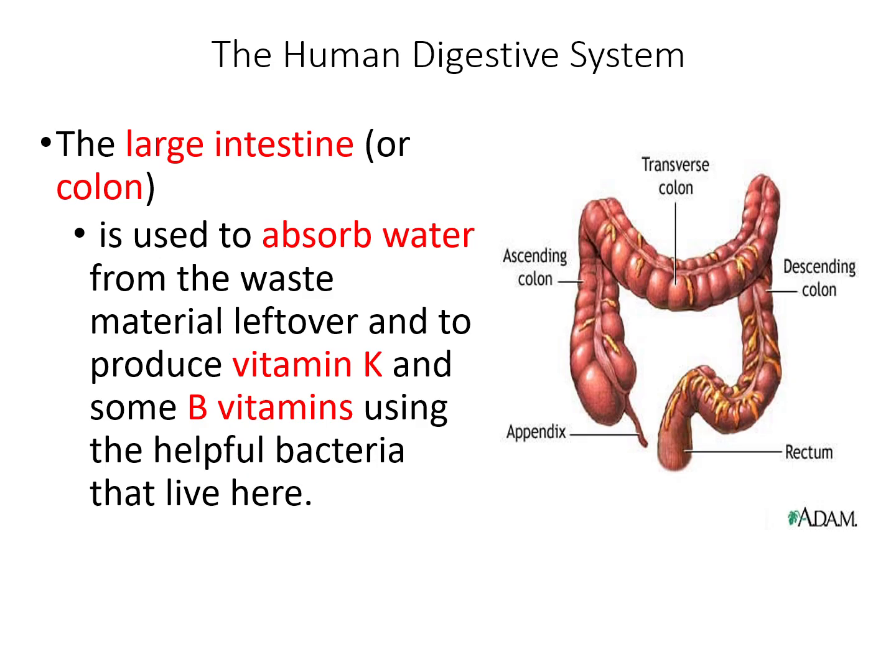Now, why is water being absorbed? Its purpose is to produce vitamin K and B vitamins using the good bacteria that live there. So this is where lactobacillus, one of the good bacteria species, thrives, inhabiting our large intestine.